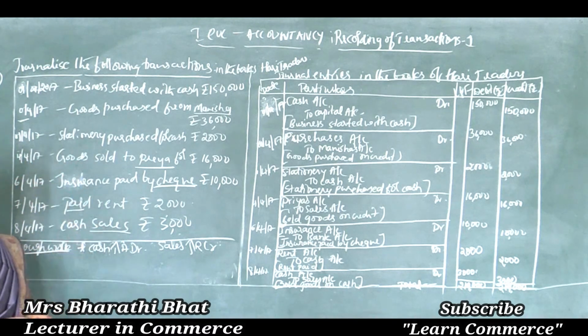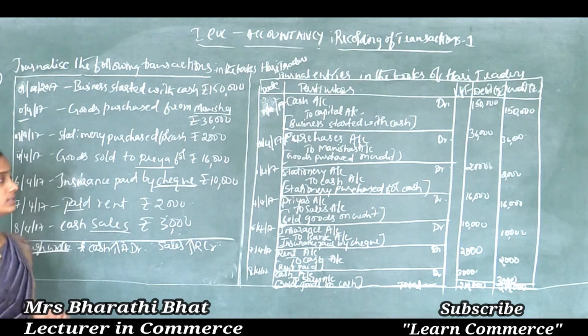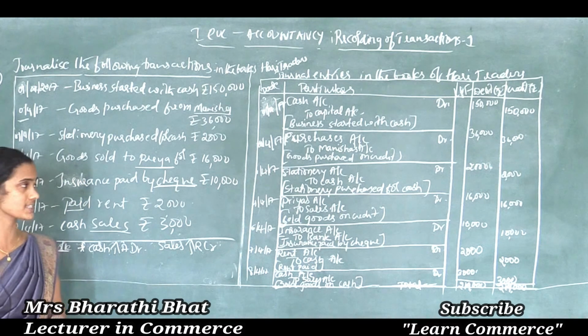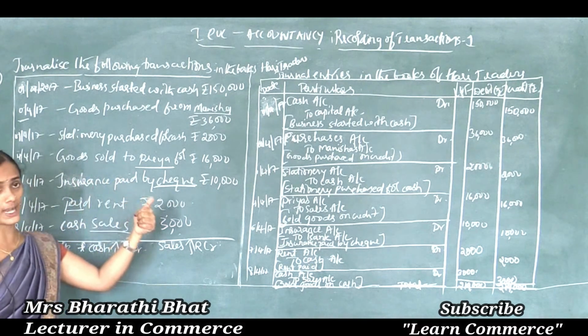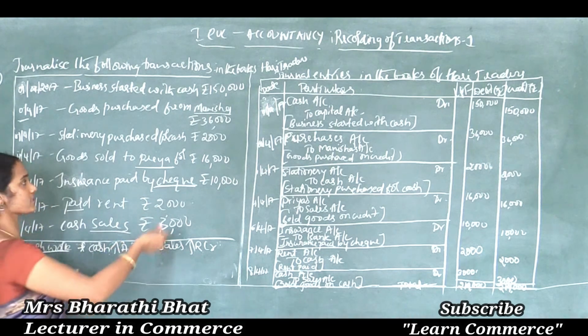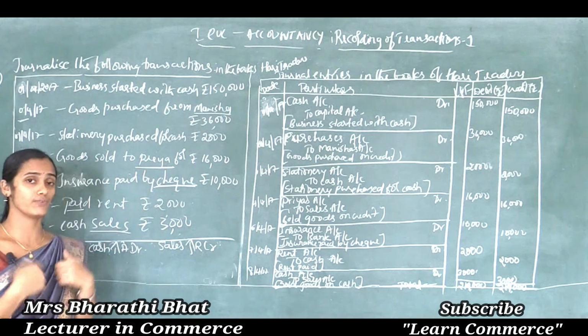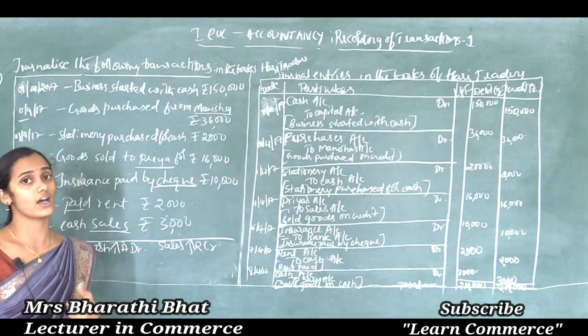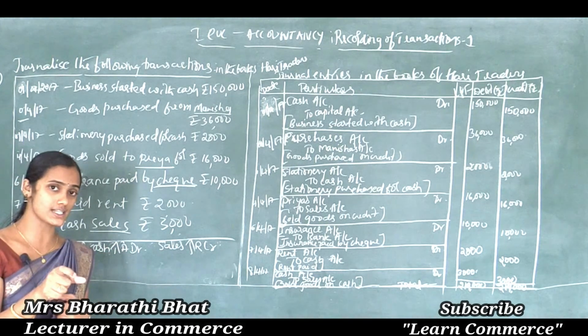Goods sold to Priya for rupees 16,000. Here also a person name comes. When a person name comes, that transaction is considered a credit transaction. Sold goods to Priya. Priya is considered as an asset for the organization because she is a debtor. When the organization sold goods to someone on a credit basis, then it is considered an asset.